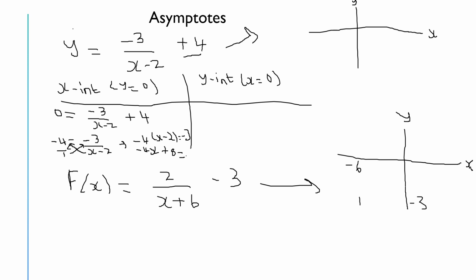So we can simplify this further: negative 4x is equal to negative 3 minus 8. Negative 3 minus 8 is negative 11.